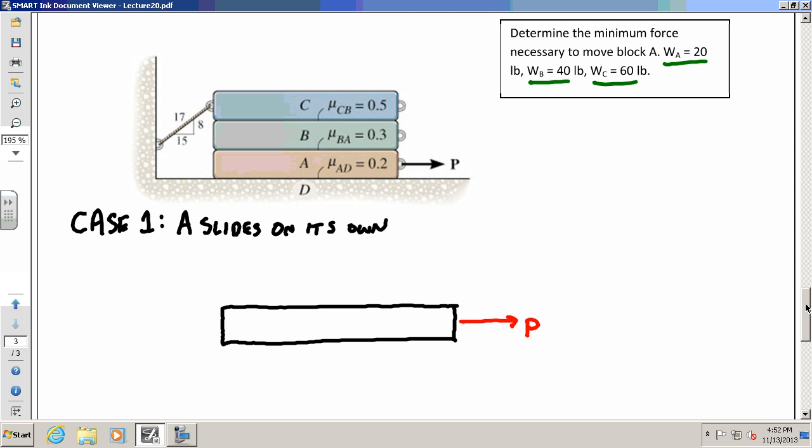And then this bottom one's the lightest. It weighs 20 pounds, so obviously there's a weight force down of 20 pounds. Obviously, the ground pushes up. I'm going to call this ND, the normal force at D, pushing up.